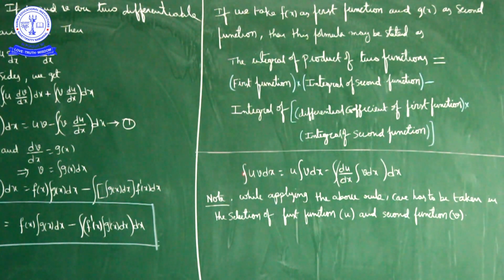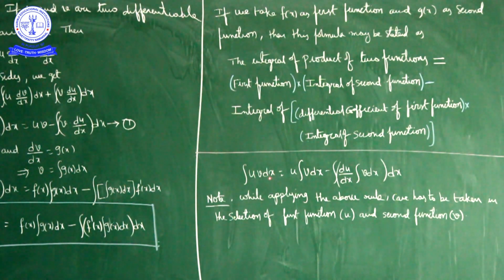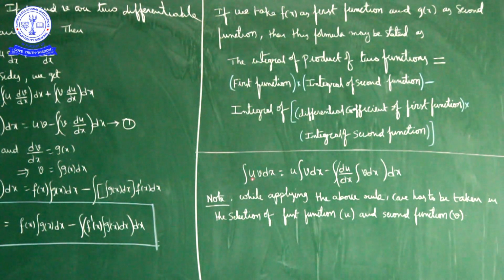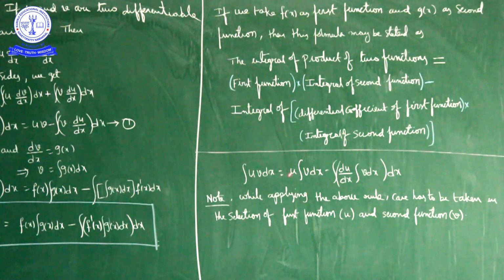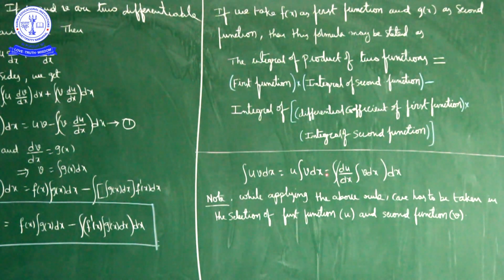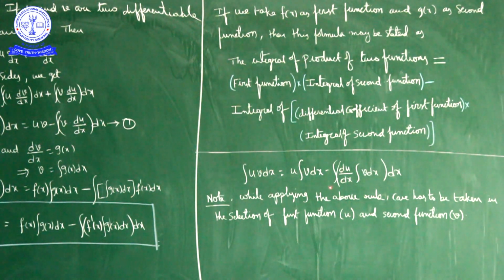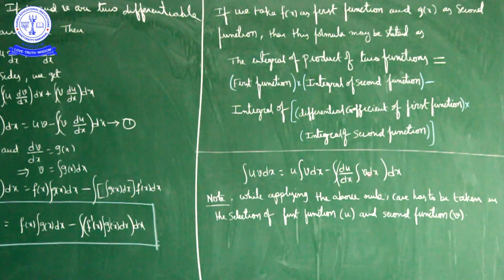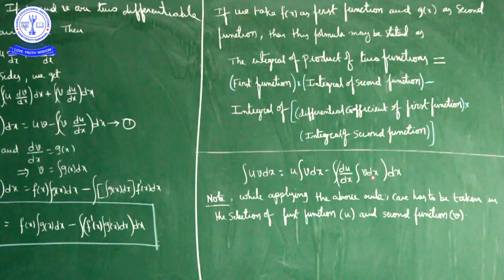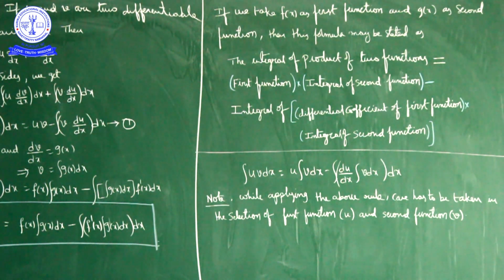Okay, like this one, integral of uv dx, meaning first function into second function dx, is equal to first function into integral of second function minus integral of derivative of first function into integral of second function. The formula is very important.